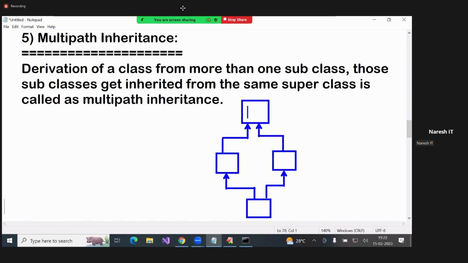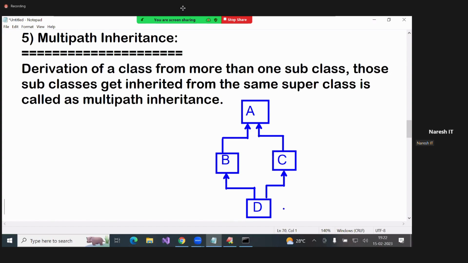Say A class, B class, C class, D class. Derivation of a class from more than one subclass, comma, those subclasses get inherited from the same superclass, is called multi-path inheritance.